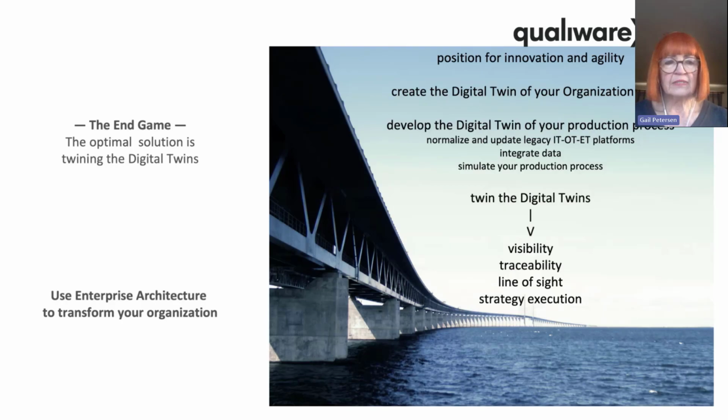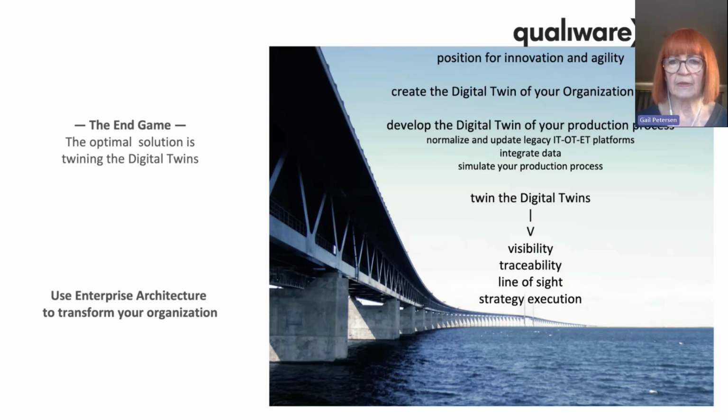Here's the end game. I think Jacob may have mentioned digital twin. What we've got here is a position for innovation and agility. If we have the digital twin of the organization, that's a concept and a term that was coined by Gartner, the DTO. And you've got the digital twin of your production process, whatever kind of organization you've got, you're producing something.